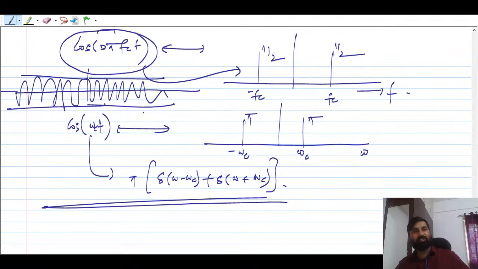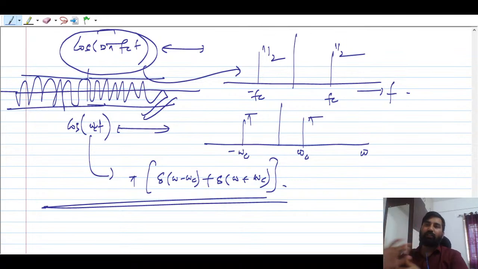Pictorially, in the time domain it has a high frequency like this, but in the frequency domain there are two impulses. I think this is clear.